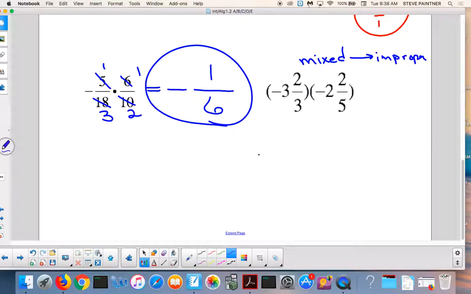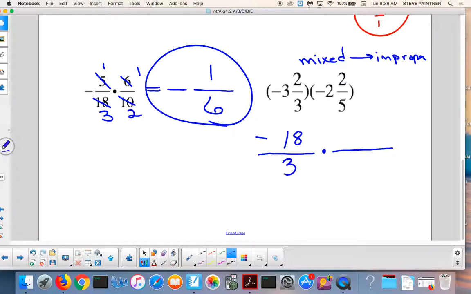Okay, this one will be negative. Lane, what do you think this is? Negative what? Did you change it to improper? Emily, did you change this to improper? Negative 18 over 3?